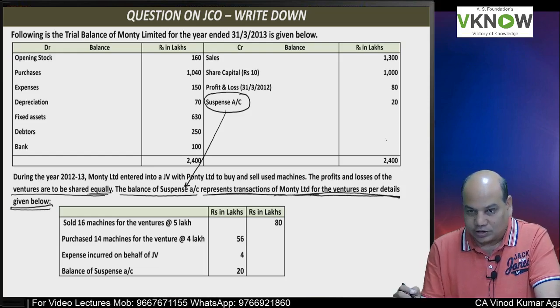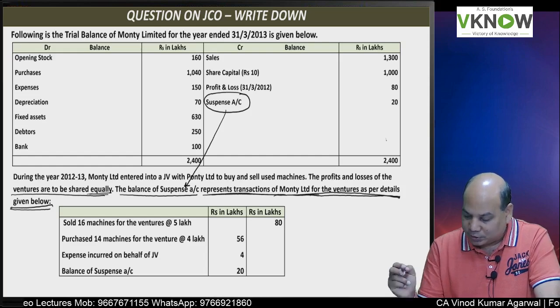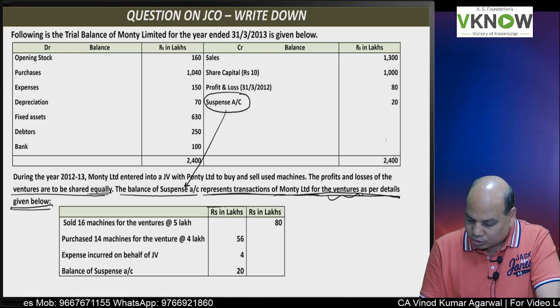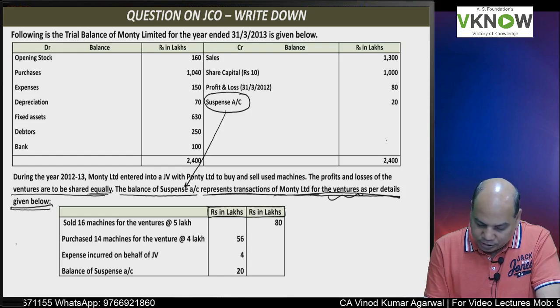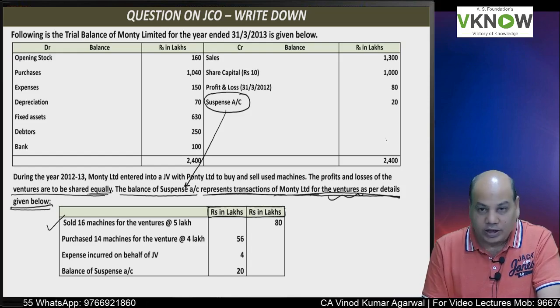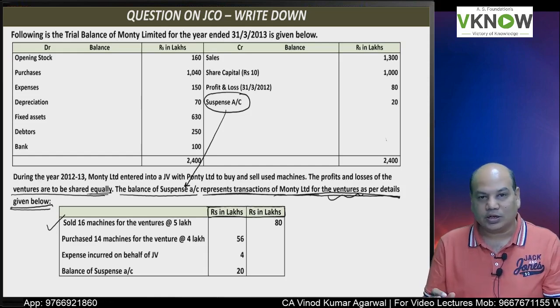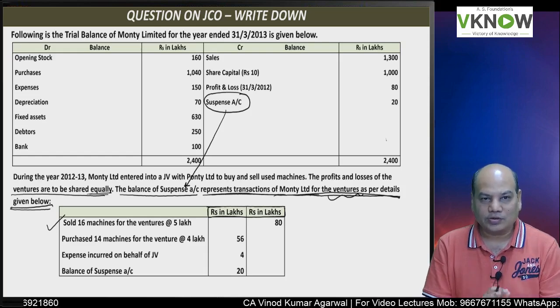Now these are the transactions entered into by Monty Limited with respect to joint venture. Right hand side, draw two columns: rupees in lakhs. Very important question. You will not find this question in study material or in other class notes also. It is only in your class.